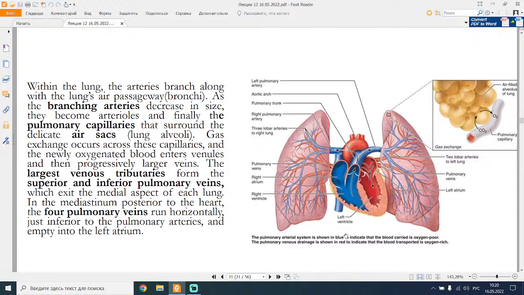Superior and inferior pulmonary veins exit the medial aspect of each lung in the mediastinum, posterior to the heart.